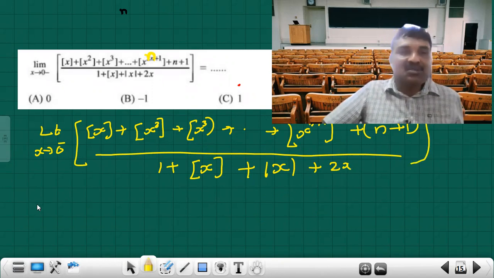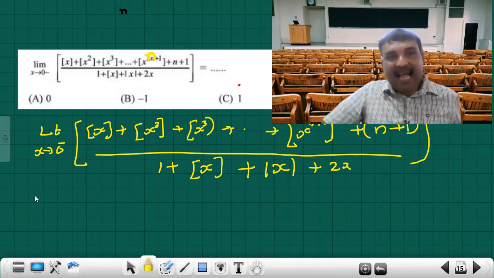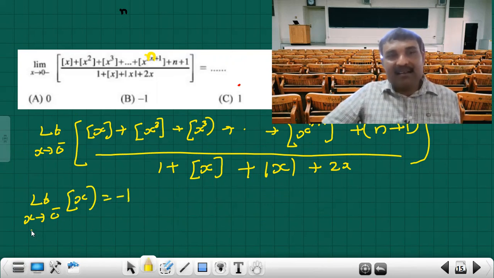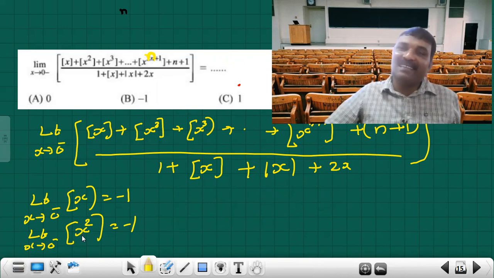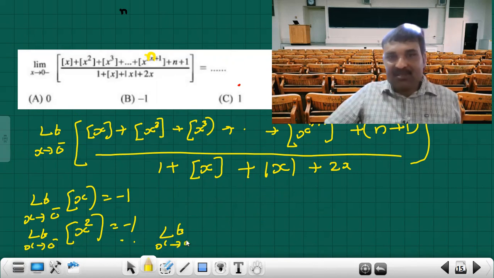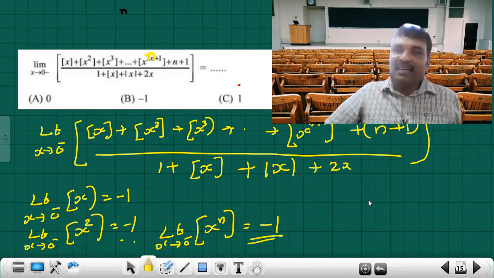Now limit x tends to 0 minus. What's the value of box x? This is equal to minus 1. Similarly, limit x tends to 0 minus box of x square is equal to minus 1. For x cube, inside the greatest integer, in general limit x tends to 0 minus x raised to n is equal to minus 1, right? Suppose the value of x is minus 0.1.